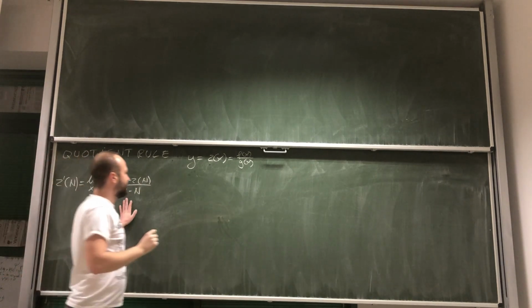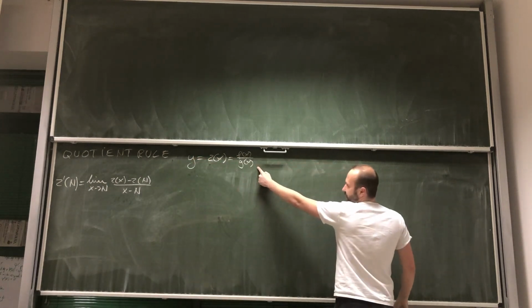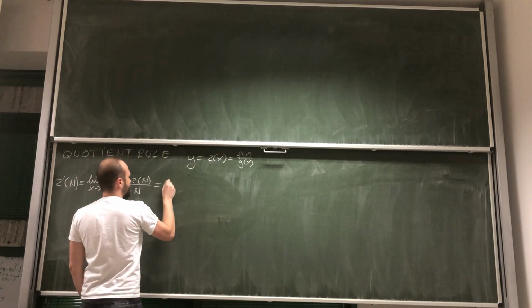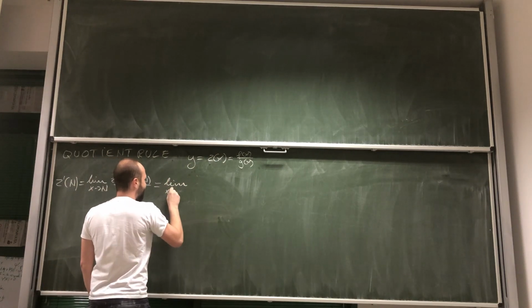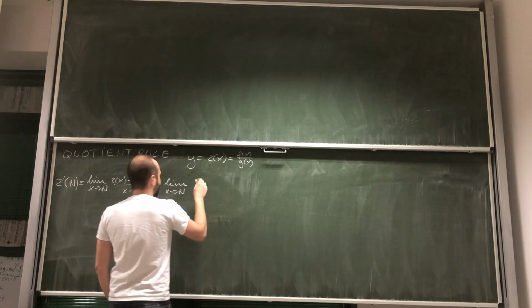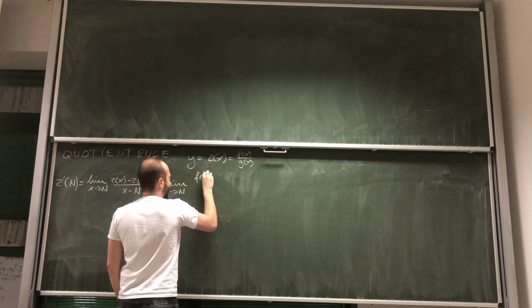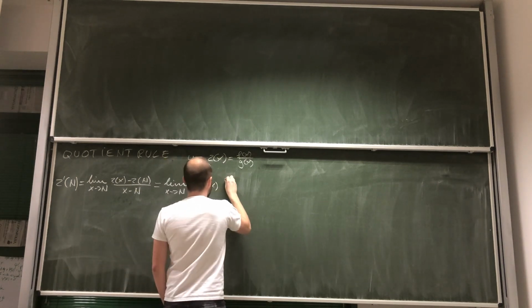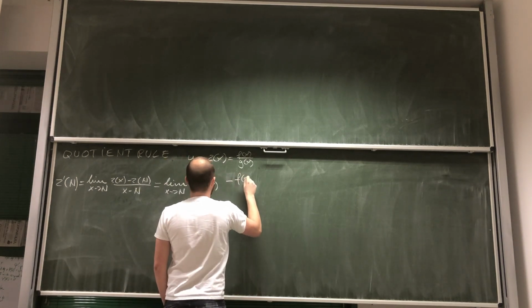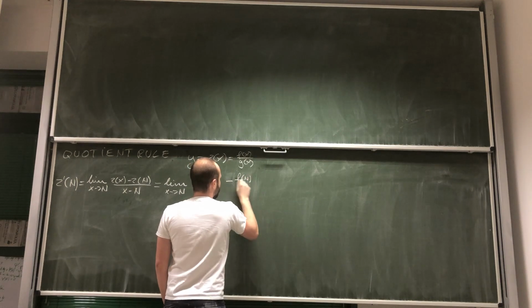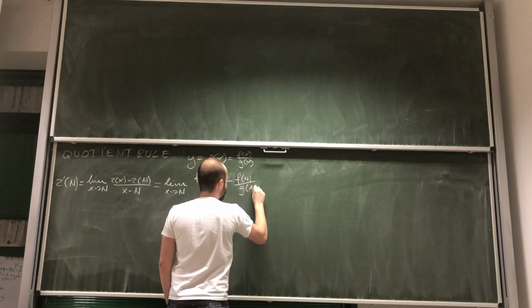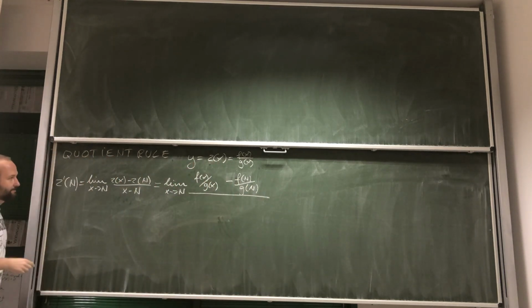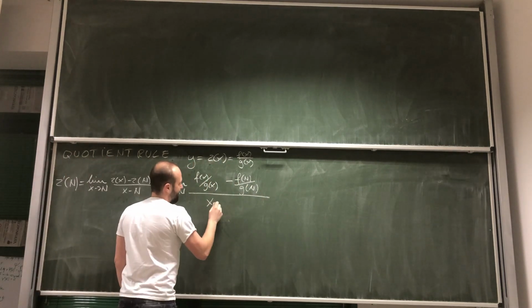Now, what we can do is utilize the information we've got over here and substitute for z. So we've got that this is the limit with x approaching n of f of x divided by g of x minus f of n divided by g of n, and this whole thing divided by x minus n.